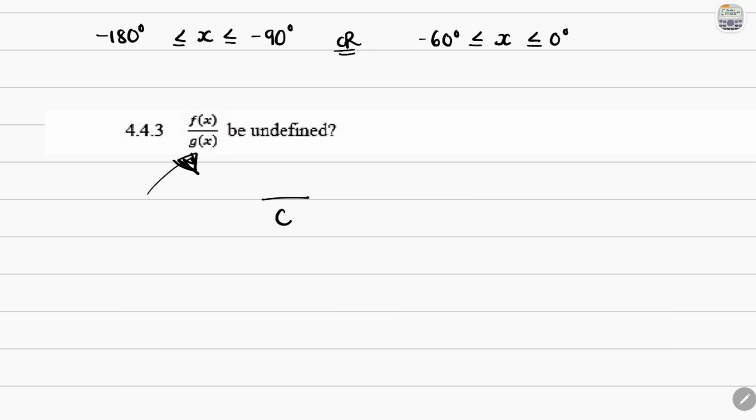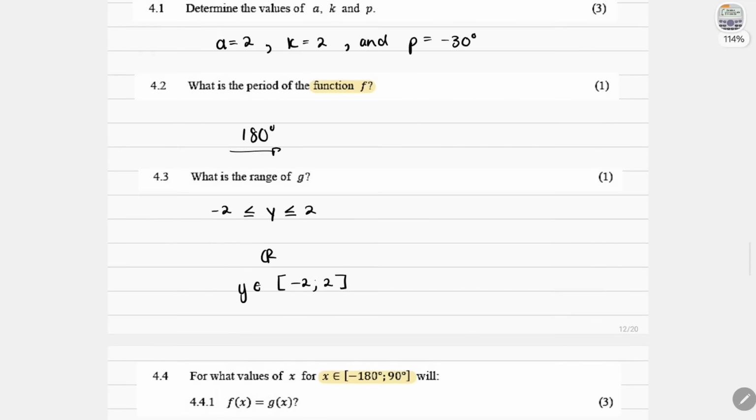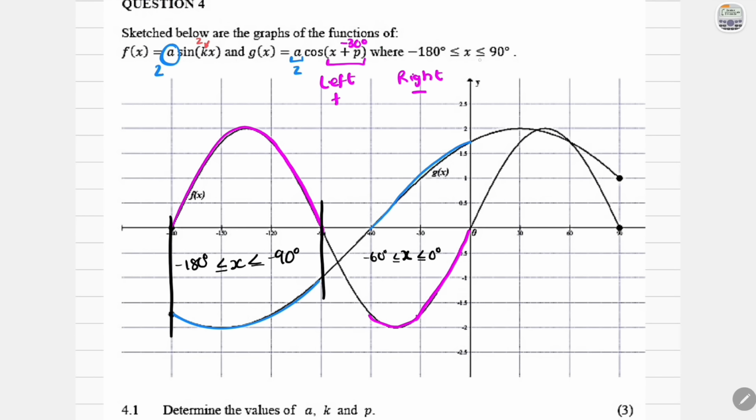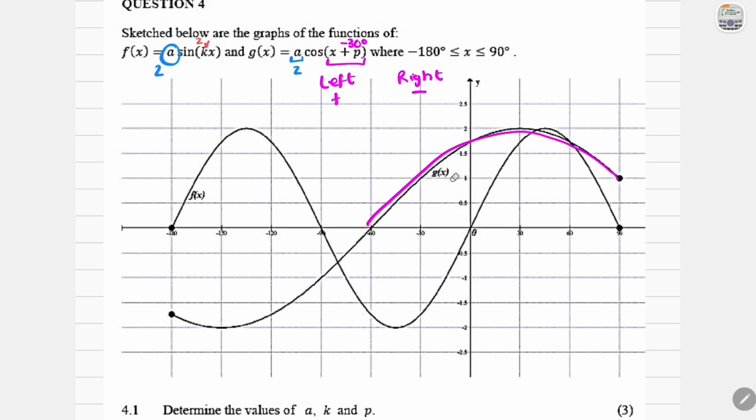But if the denominator is equal to 0, we can't define this, so it's undefined. And so we're just going to look for where the graph of g has a y value of 0. And that's it. So where does the graph of g have a y value of 0? Let me remove these. Look at all its y values all through here. See? Y value of 2, y value of 1.